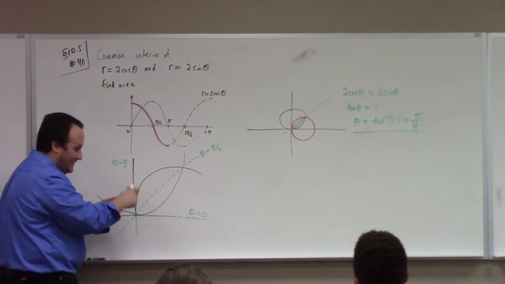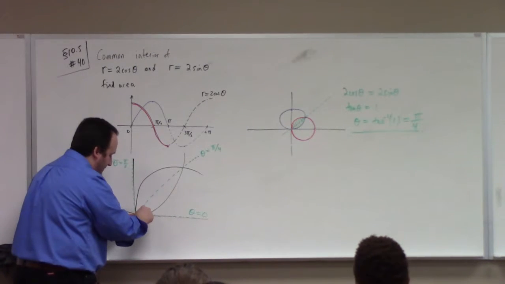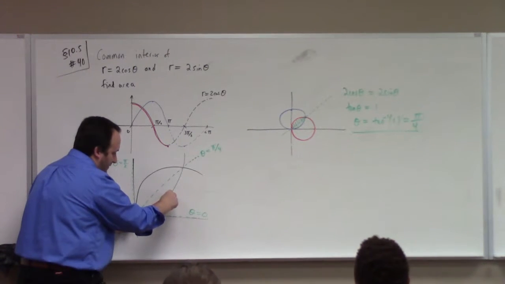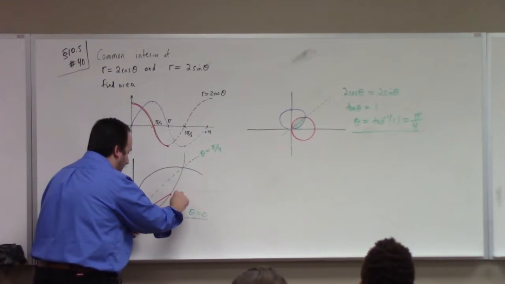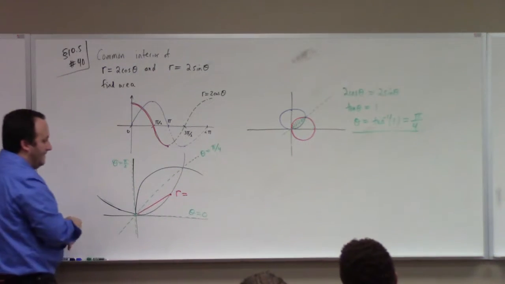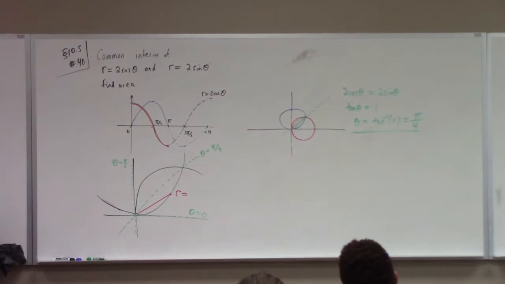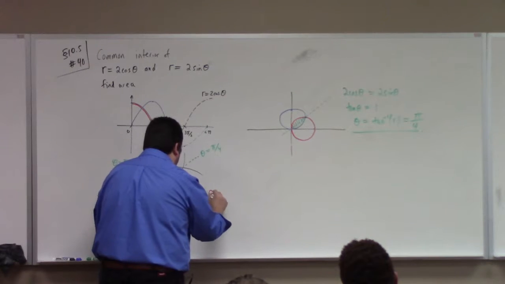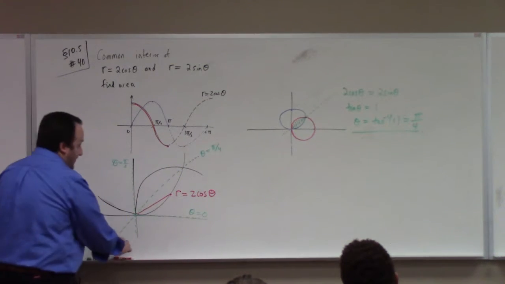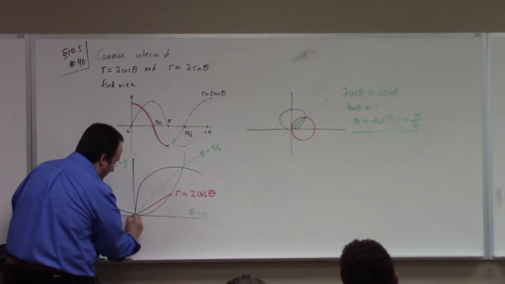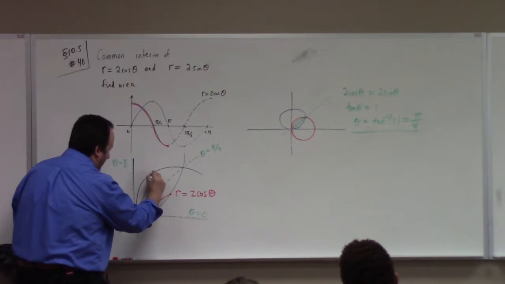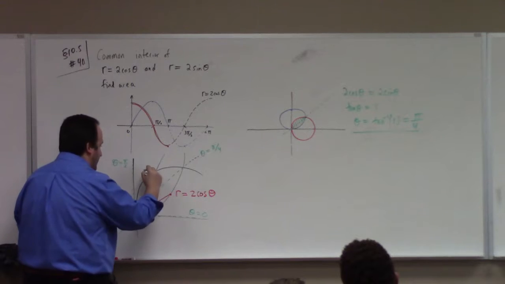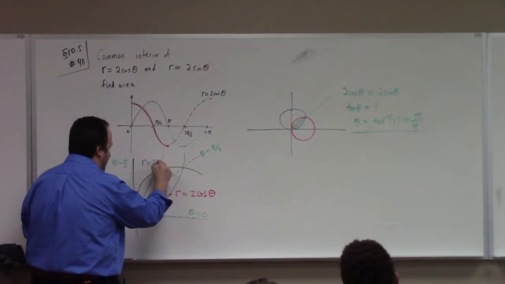They're different r's. See, if I draw a radius here, then r is equal to what? 2 cosine theta, right? It's from the red circle. But on the other hand, on the top of this, r is equal to what? r is equal to 2 sine theta.